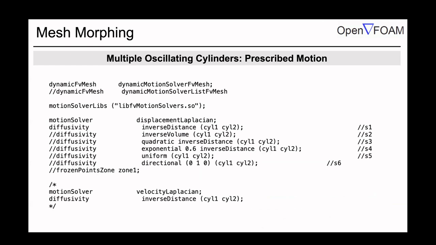Those are all the other options. Instead of inverse distance, we could use inverse volume, exponential, etc. They all are solving a different diffusion equation. So there is a strong mathematical background behind it. If you are really interested, you can go to the source code. Everything is open and you can see what type of diffusion equation they are solving.